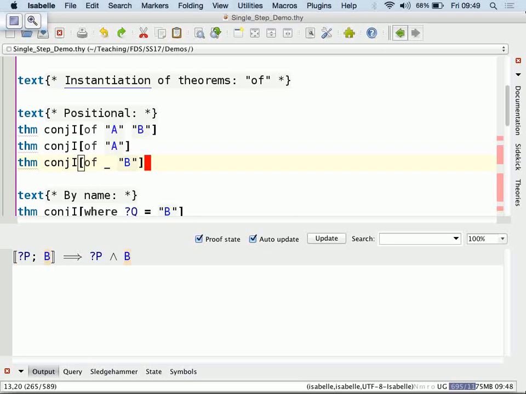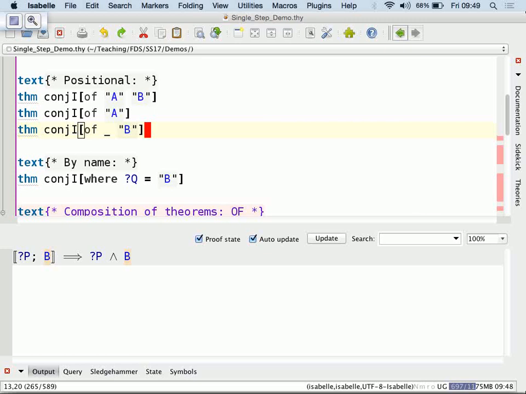Then you skip over the P and you instantiate the Q with a B. And you can even do things by name. You can say, please instantiate conjunction introduction, and then I don't write the little off here, I write where, and then I can say explicitly where the Q should become B.